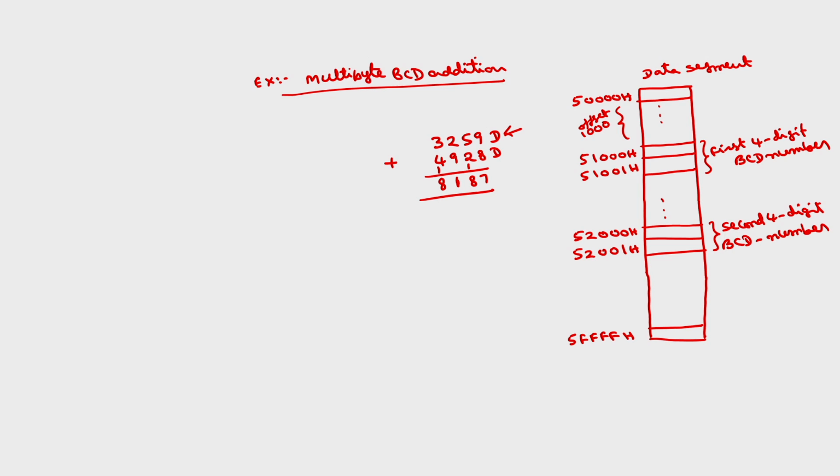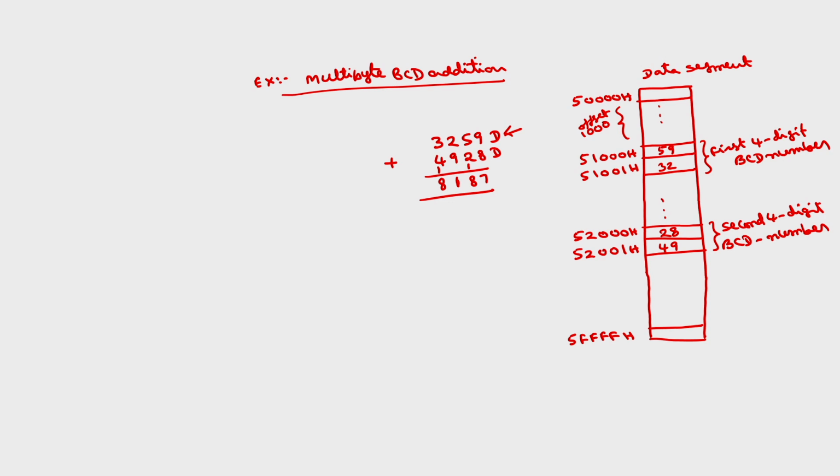If I take this example, this can be any data. If I take this example, so this 59 will be here, 32 will be here, 28 will be here, and 49 will be here.